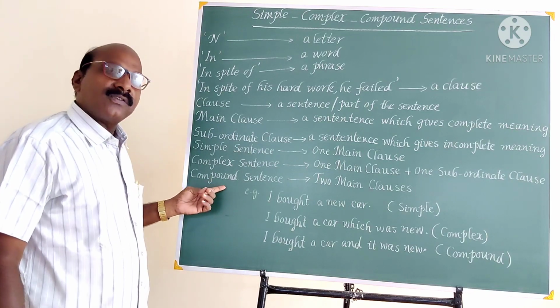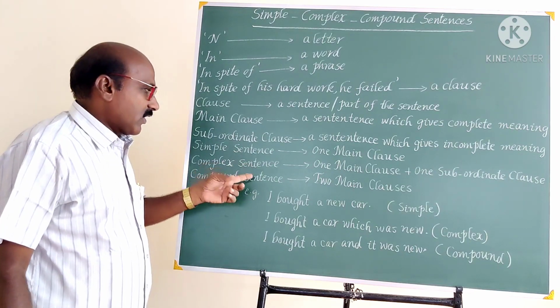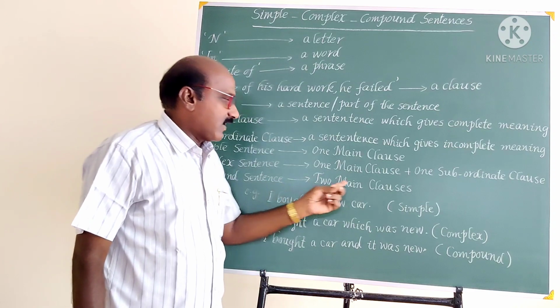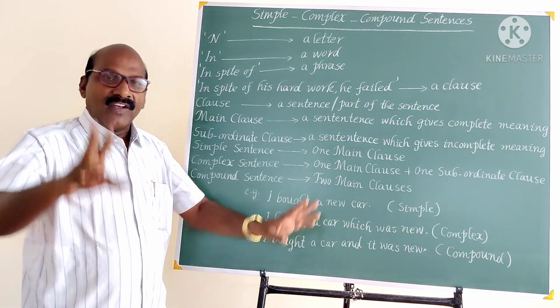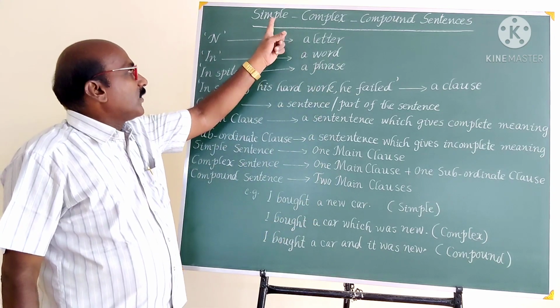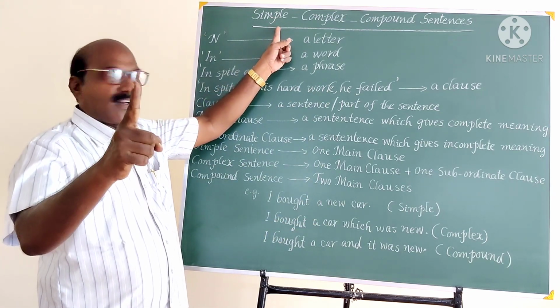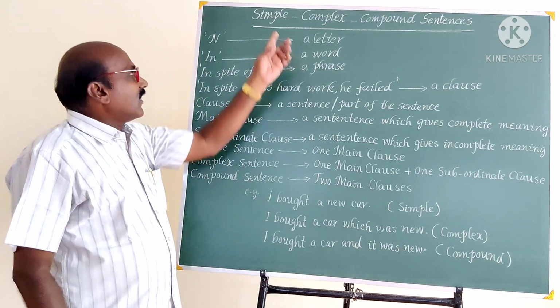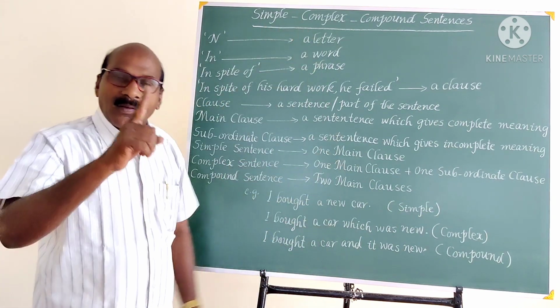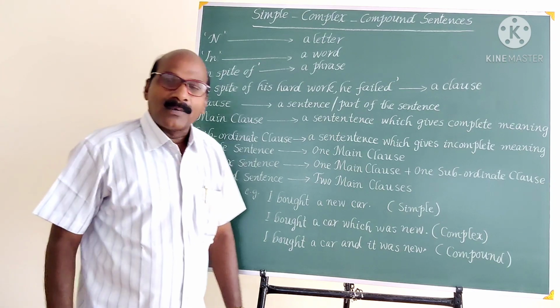And then coming to compound sentence. Compound sentence contains two main clauses. It has only two main clauses. Very simple to learn. Simple sentence, only one main clause. Compound sentence, two main clauses. Then complex, one main clause and one subordinate clause.